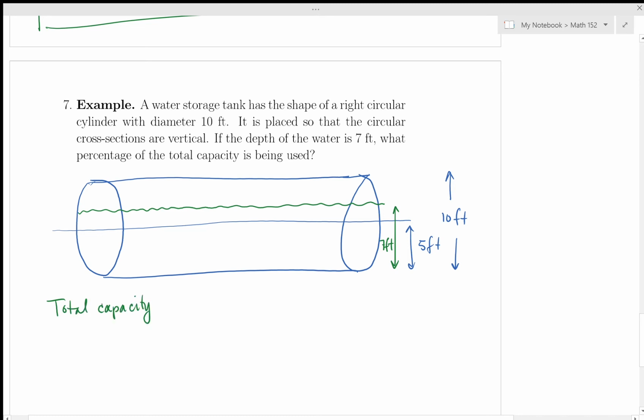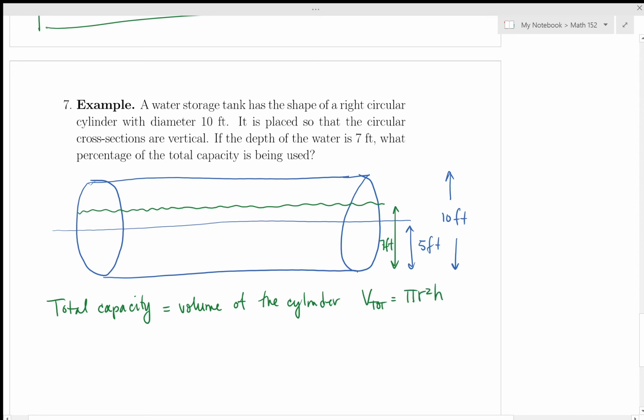It might sound like a joke, but honestly, if you've got a problem and you think, oh no, I'm not sure what to do, then just do whatever you can do. If it's the most basic calculation, just go ahead and do that, and get yourself starting to find out some things. So the total capacity is the volume of the cylinder, and that total volume is pi r squared h.